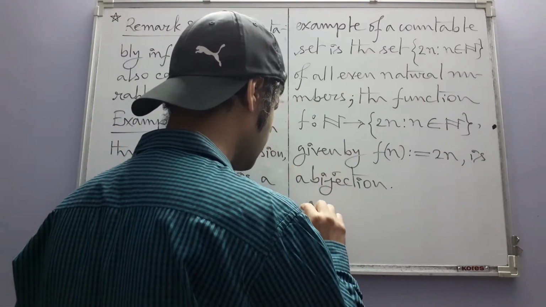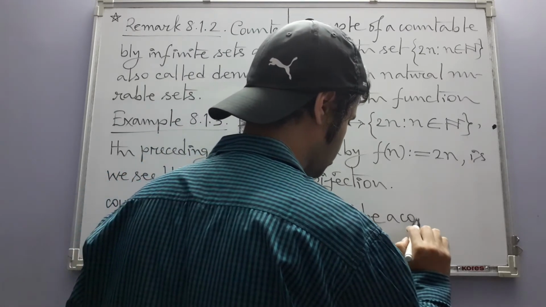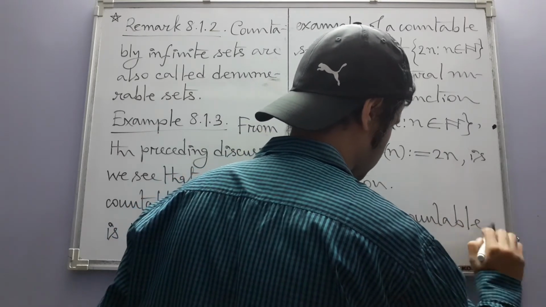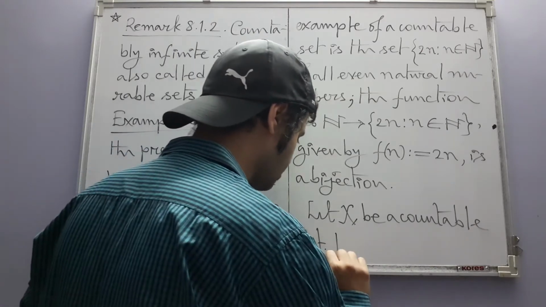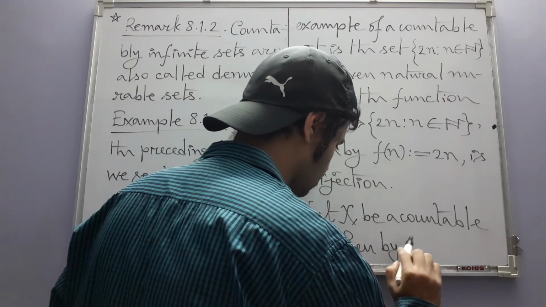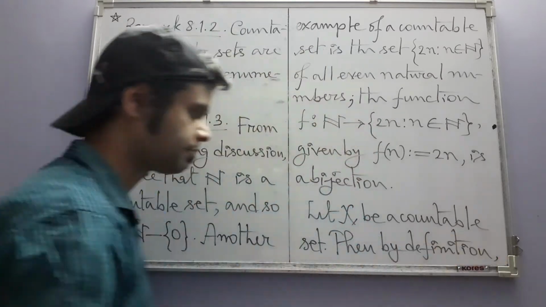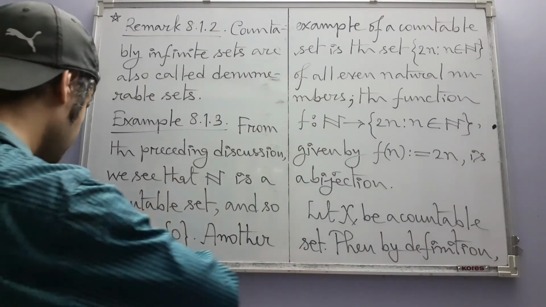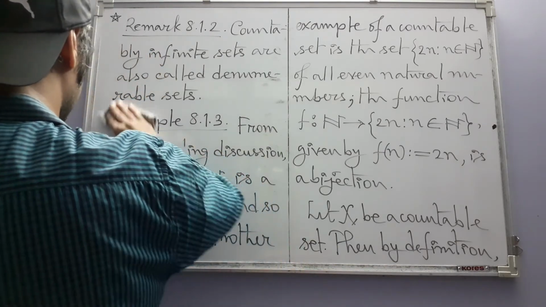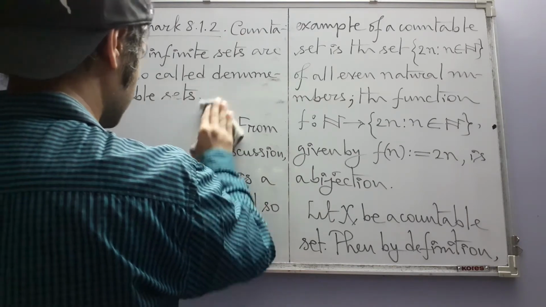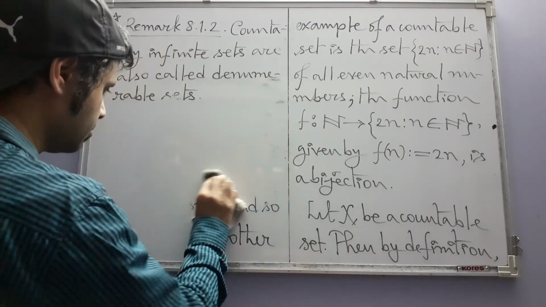Next, let X be a countable set. Then by the very definition of countability, there is a bijection between N and X. We are now going to use that bijection to express the elements of X in terms of that function, in terms of that bijection.